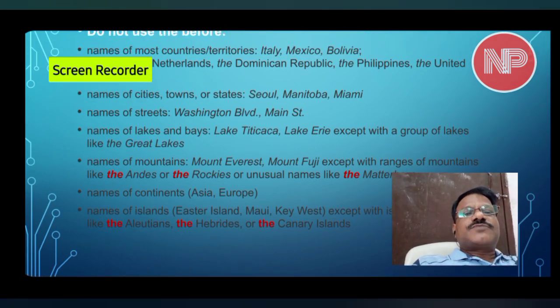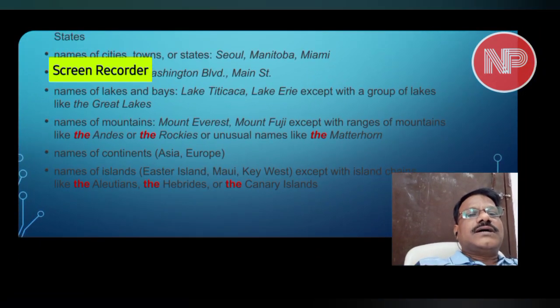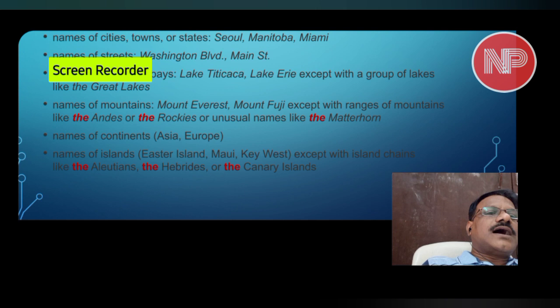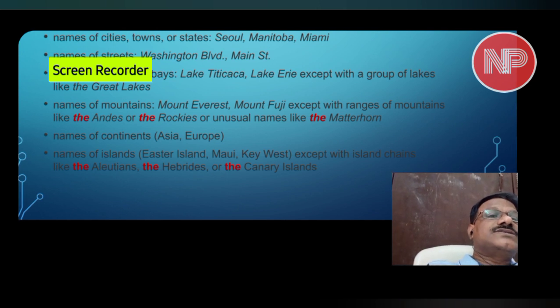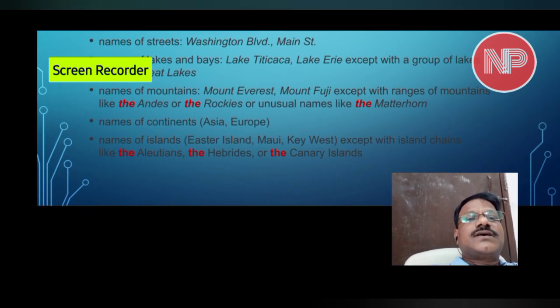Names of continents like Asia, Europe also don't take any kind of article. Names of islands, Easter Island, Maui, or Key West, except with island chains like the Aleutians, the Hebrides, or the Canary Islands.